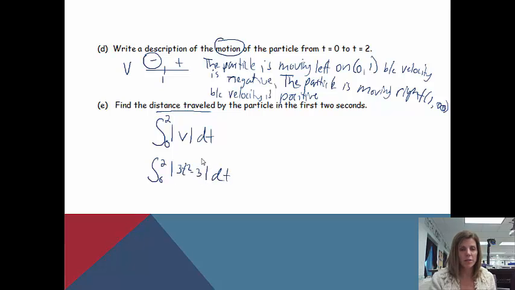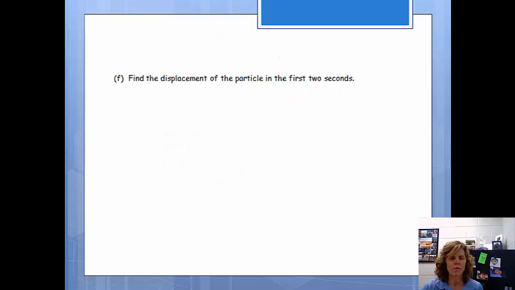Since this is a calculator section, we could go ahead and use the features of our calculator to get this answer. We should end up getting an answer of 6. One thing that I will remind you of is to get to the absolute values, I went to math, and then I picked the number option, and then there was something that said ABS. So then we type in ABS, 3t squared minus 3, and that should give us the right thing.